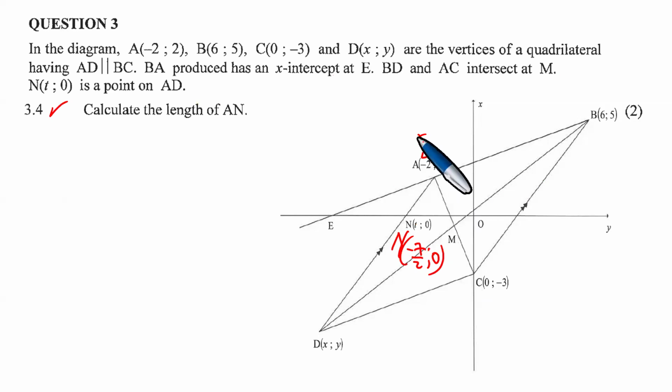At this point it's x1, y1, and this is x2, y2. To find length, the minute the examiner says length, it means you need to use the distance formula.